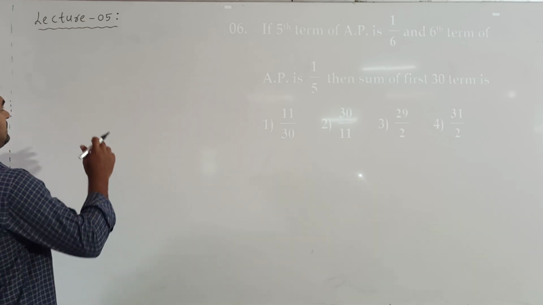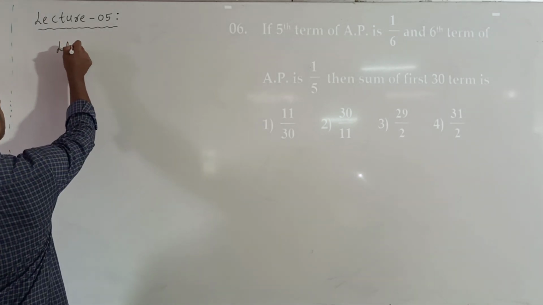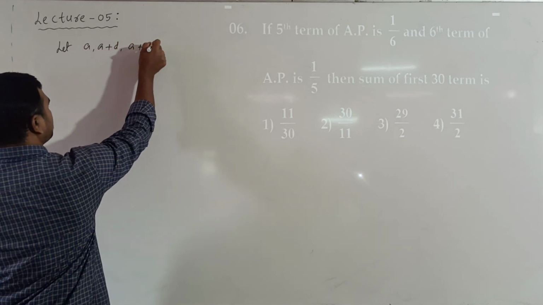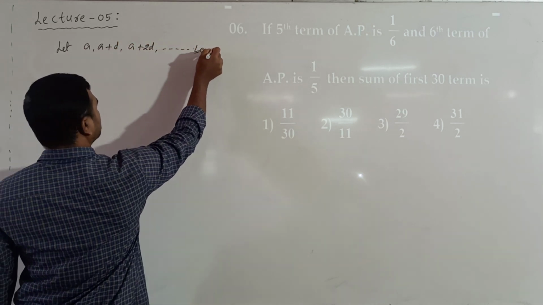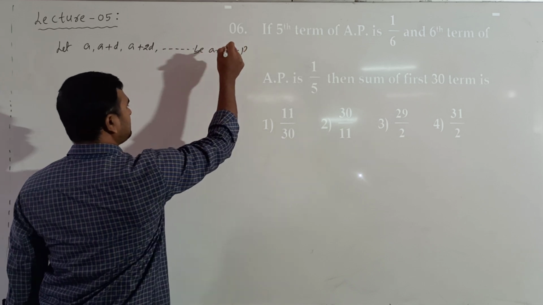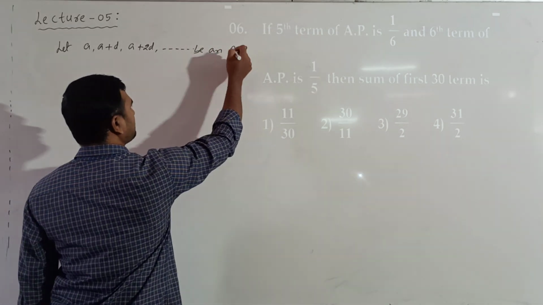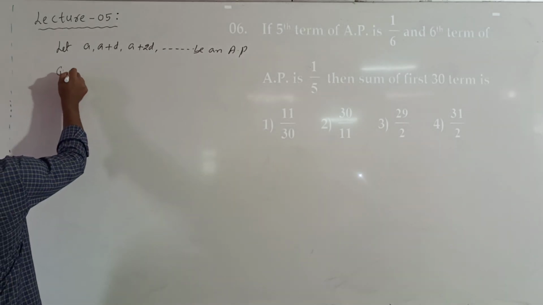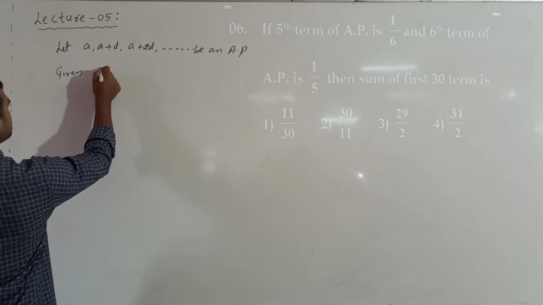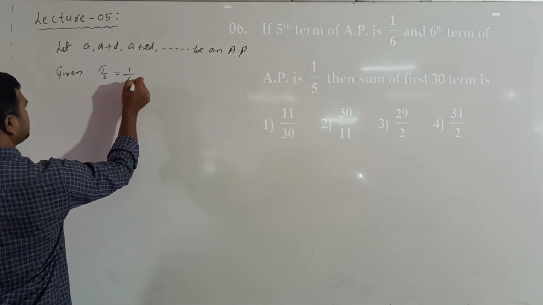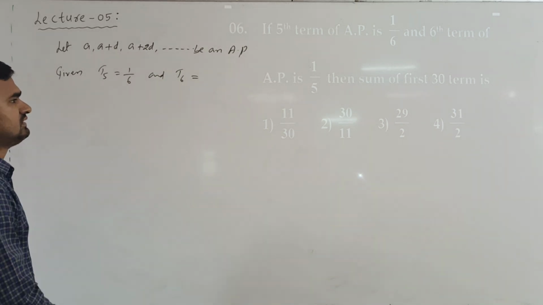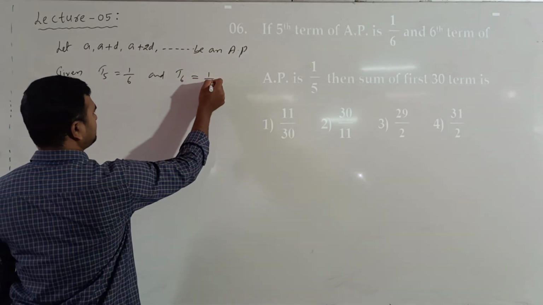So let us take the arithmetic progression in the standard form: a, a plus d, a plus 2d and so on, be an arithmetic progression. Now in this progression it is given that the fifth term, p5, is 1 by 6 and the sixth term, p6, is 1 by 5.